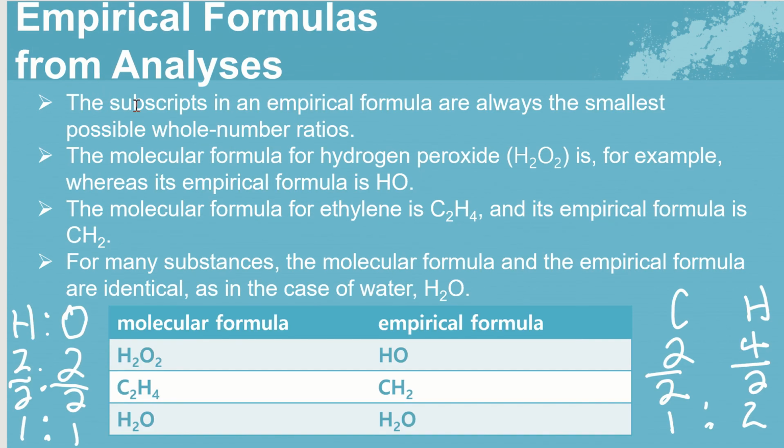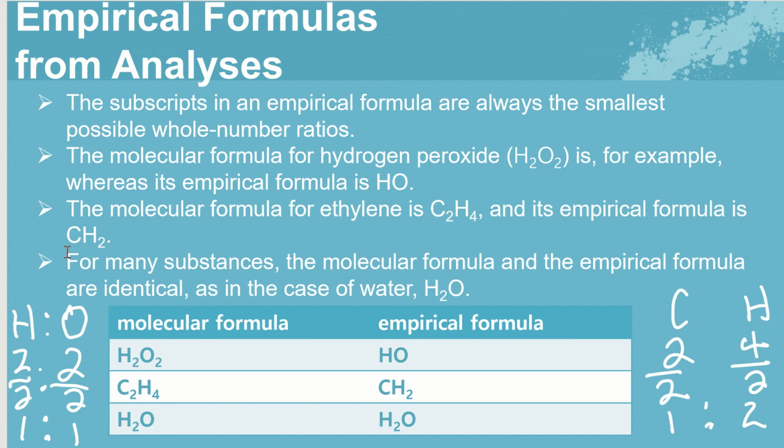So the subscripts in an empirical formula are always the smallest possible whole number ratios. The molecular formula for hydrogen peroxide is H2O2, whereas its empirical formula is HO. The molecular formula for ethylene is C2H4.